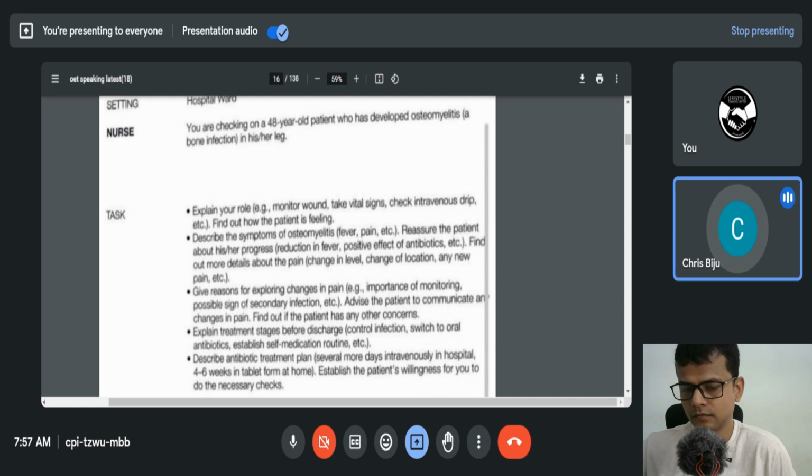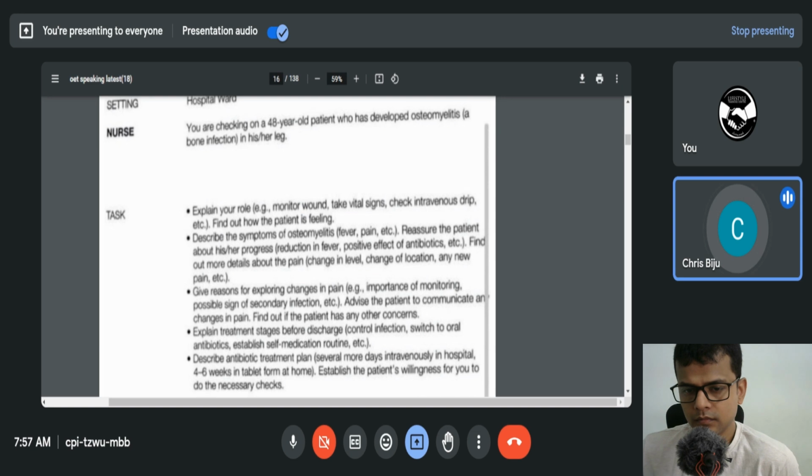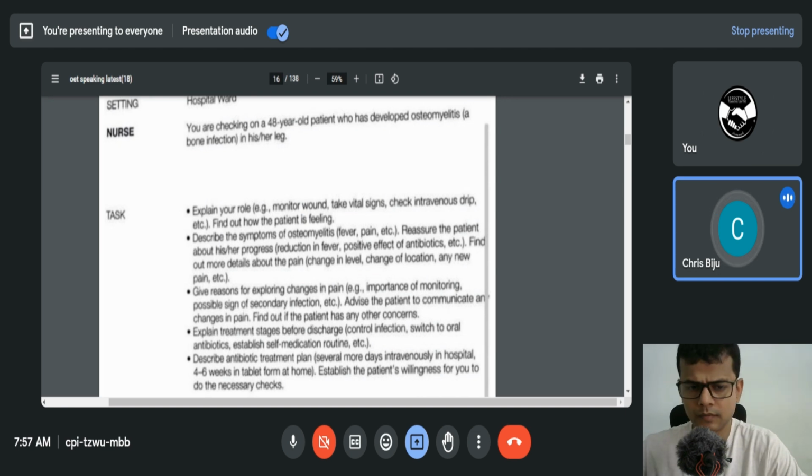For controlling your infection, the IV antibiotics are very essential in the initial stages. How long do I have to take the antibiotics? Once your infection is controlled, in the IV antibiotics, you need to take 1 more week. Okay. After which, we will convert into tablet form for 4 to 6 weeks. Do you understand? Yes. Okay, thank you very much for your cooperation. Thank you.